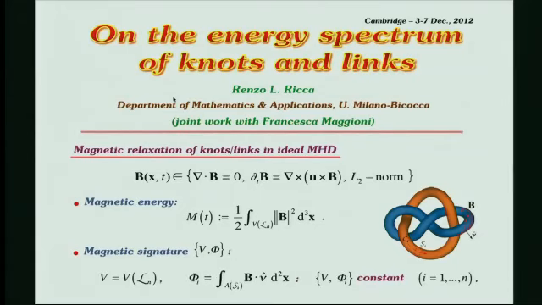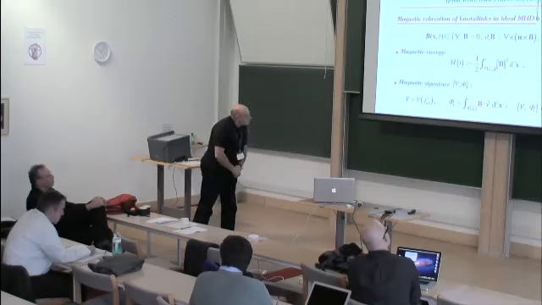The signature is given by the total volume of these knots and links, V, and fluxes associated with each tubular knot or link are also given here. And we assume that V stays constant, and fluxes stay constant during this ideal relaxation.